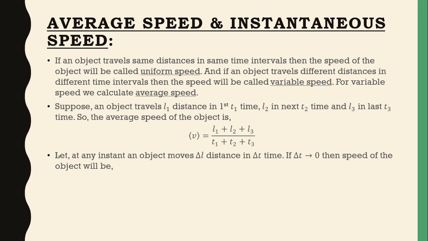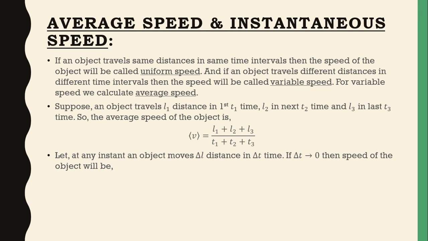Now instantaneous speed. Let at any instant an object move del L distance in del T time. Here del T tends to 0. Del T tends to 0 means the del T time interval is as small as 0 but not equal to 0.